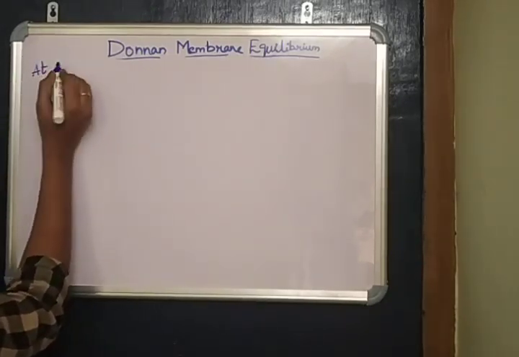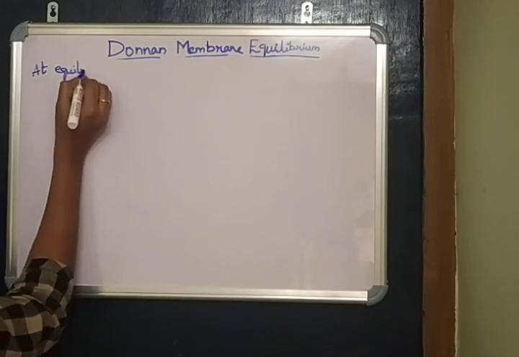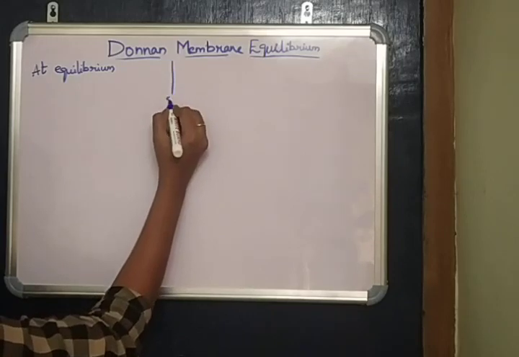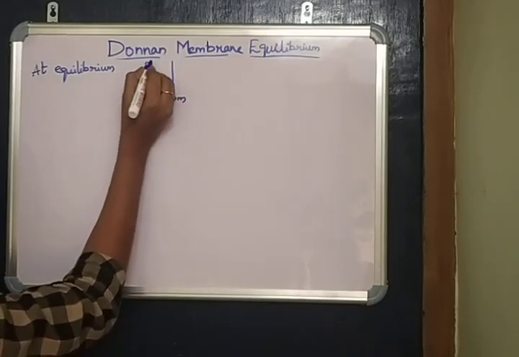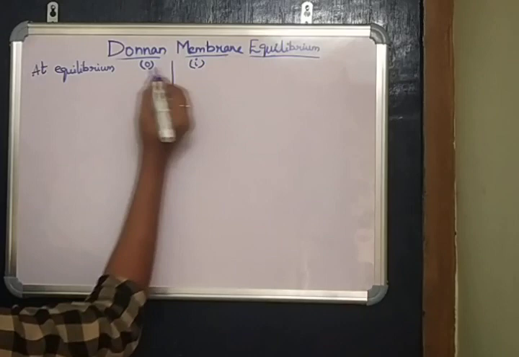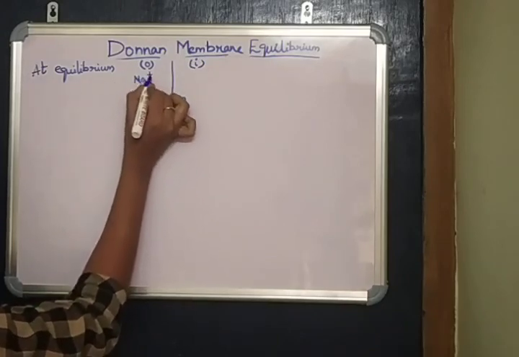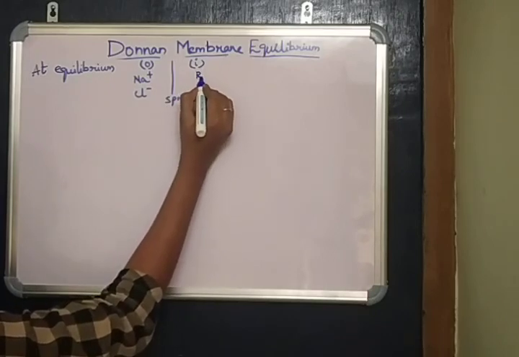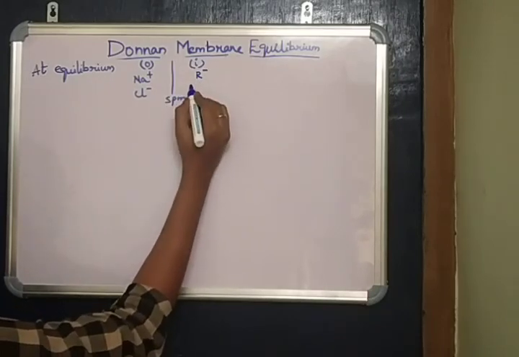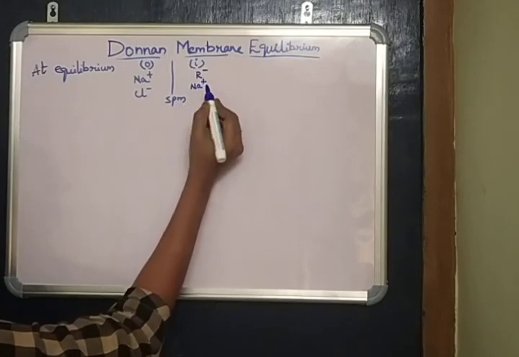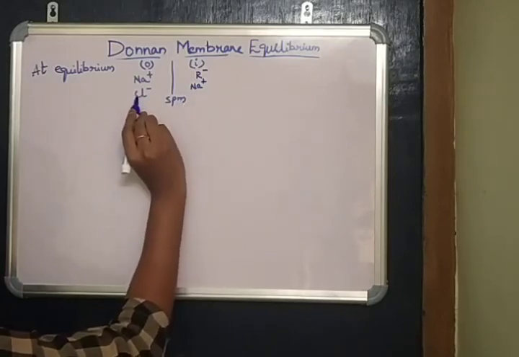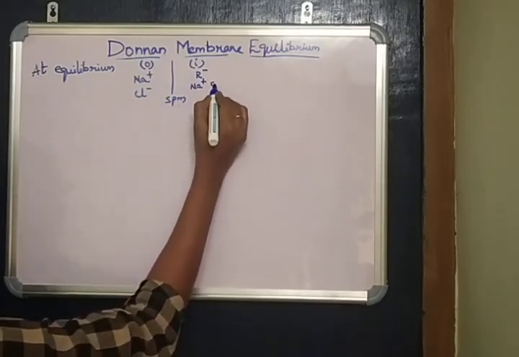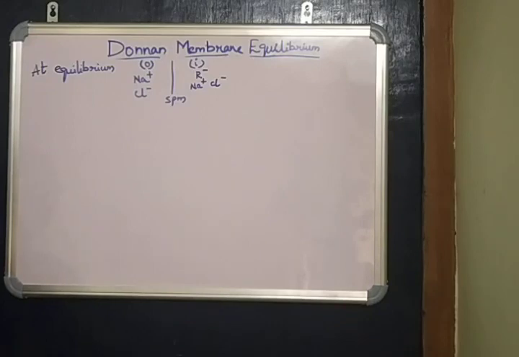Next condition is at equilibrium. Outside of the solution contains Na plus and Cl minus ions, whereas inside of the solution there is the negatively charged colloid along with its counter ion Na plus ions, and Cl minus ions will move across the semi-permeable membrane and pass inside at equilibrium condition.